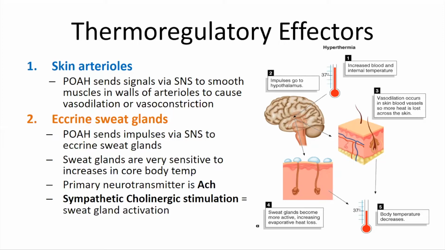And this is going to help move our blood from the core to our skin to help dissipate heat across our skin. Also, we might begin to sweat, and it's shown in number 4, where our sweat glands become active, and hopefully our sweat would be able to evaporate off our skin, and this would help us to cool even more.